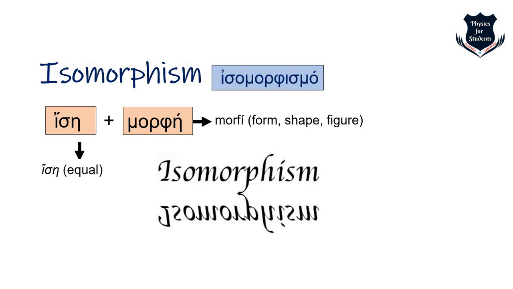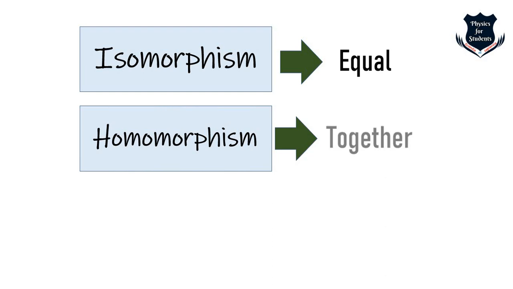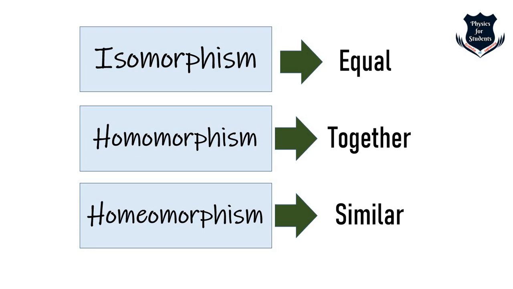So we went forward to understand the roots: homomorphism, which roughly means together; homeo, which in English we call ditto; and isomorphism, which means equal figure. These things will become clearer. This is just giving you a basic idea of the terminologies and their roots. So isomorphism is something which is equal, homomorphism denotes together, and homeomorphism is something which is similar.